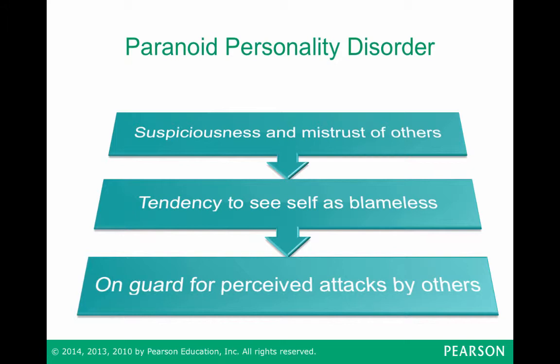And people with paranoid personalities are not usually psychotic. Most of the time they're in contact with reality, and they just have that paranoia, and they appear to be at an elevated chance of developing schizophrenia down the road.